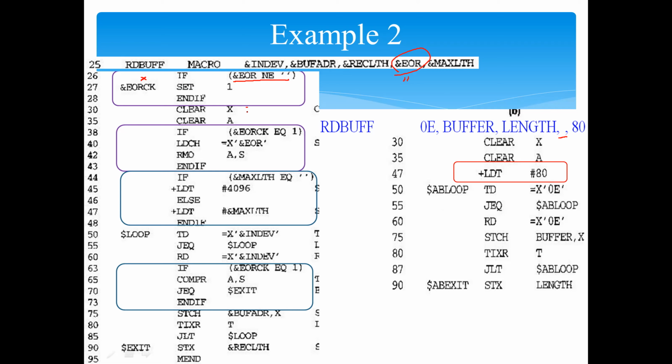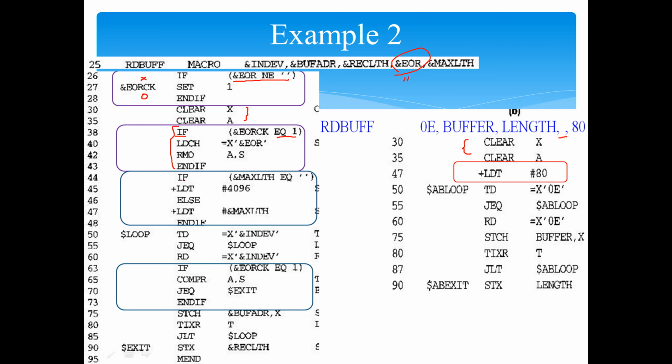Then you have the next two statements. So if it is not set, by default, the value is 0. I hope you remember. So you have the two statements expanded. Then again, if EORCK equal to 1. It is not equal to 1, right? So this entire body will not be expanded at all.